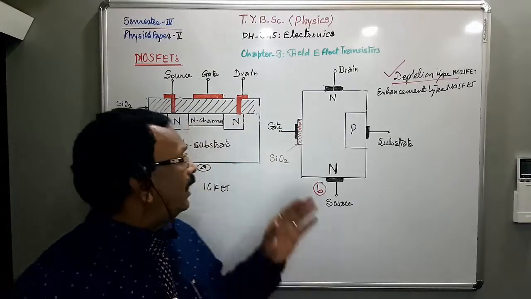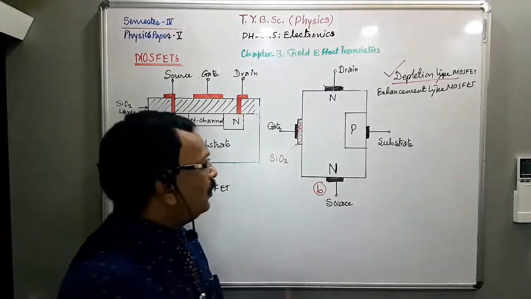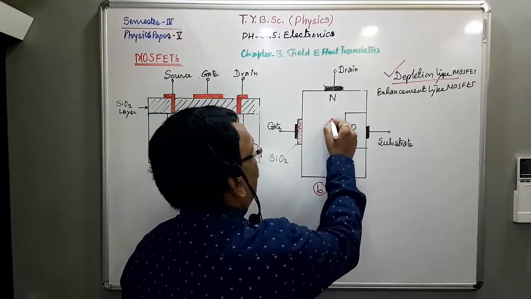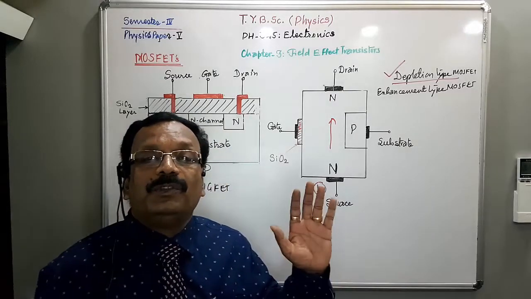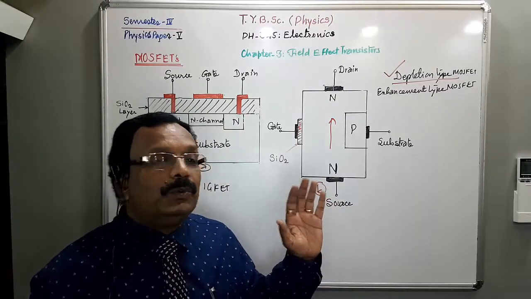The free electron can flow from source to drain through the N channel.